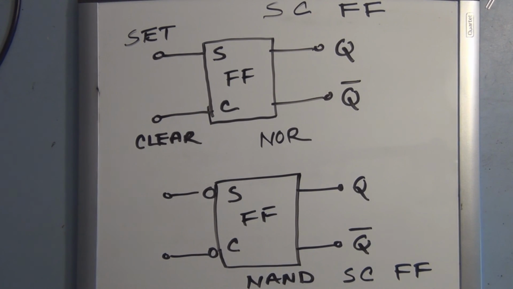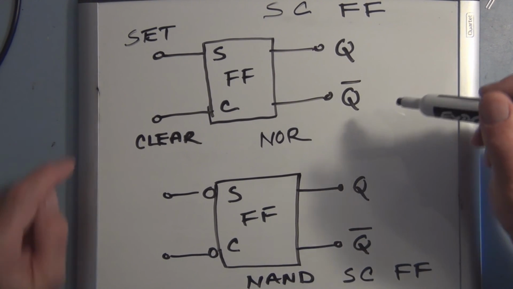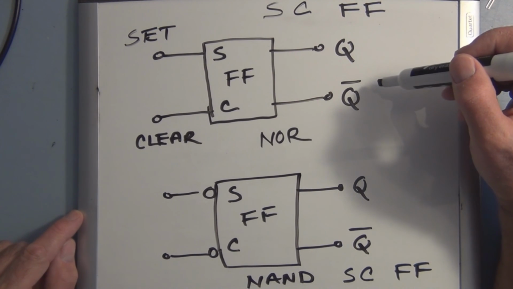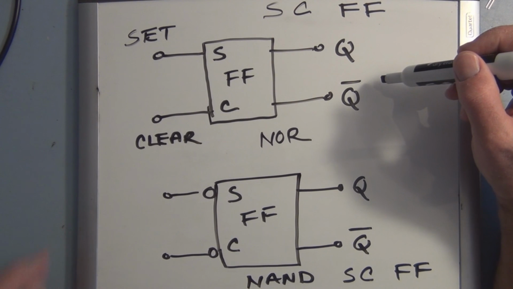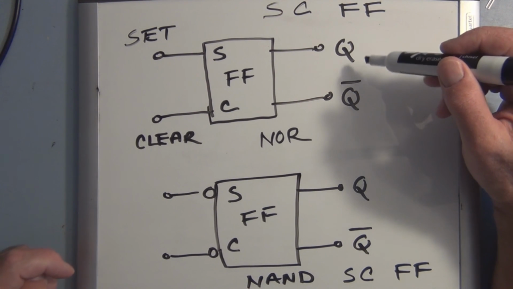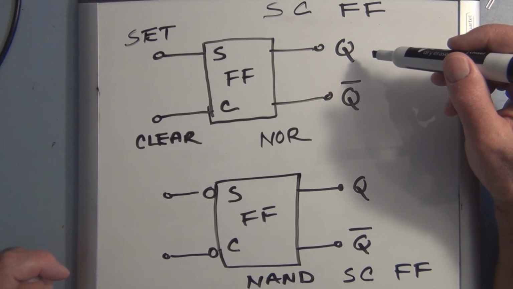And just to summarize, a flip-flop is a logic circuit that has multiple inputs, in this case only two, and we'll cover multiple input flip-flops in the future. But this is a set and clear flip-flop, and flip-flops have two outputs, and they are always the inverse of each other, and they have a memory characteristic where it remembers a prior output state.